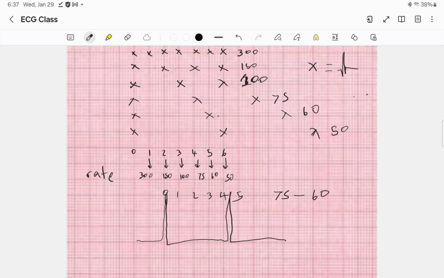Okay, but this is just a shortcut for you as well. So just remember that each number of boxes in between your RR interval corresponds with a heart rate, and based on that you can approximate the heart rate just by looking at the ECG once the rhythm is a regular rhythm.